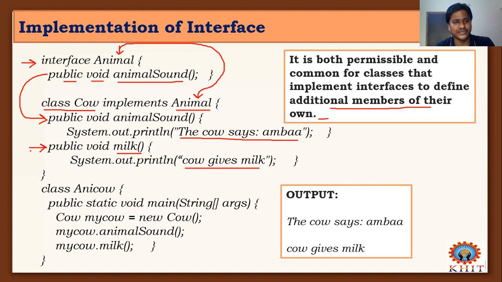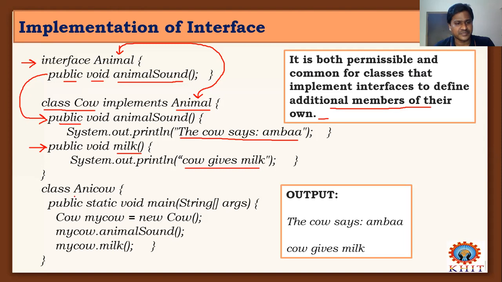Clearly observe, we are going to learn one or two more points about interfaces. The method defined in the interface should be implemented as public with their own implementation. Understood? We can also add some local methods to this class, right?